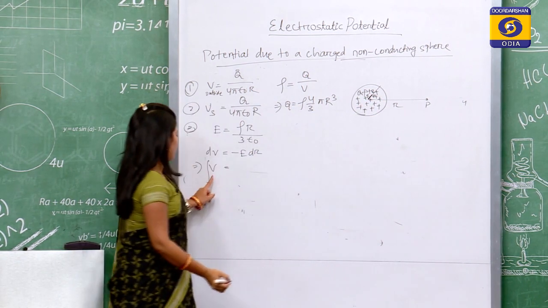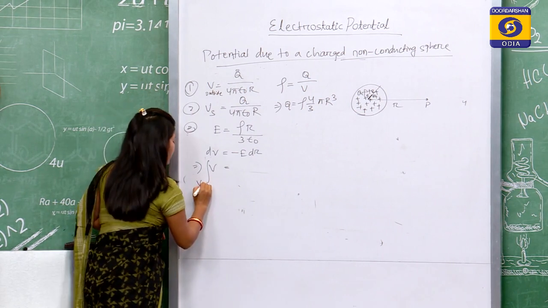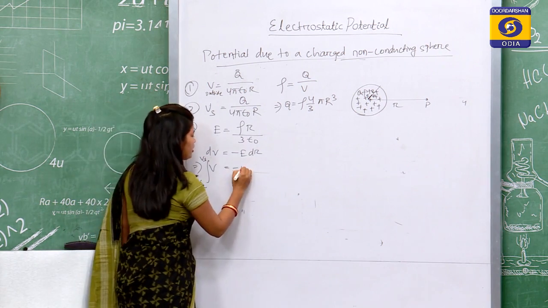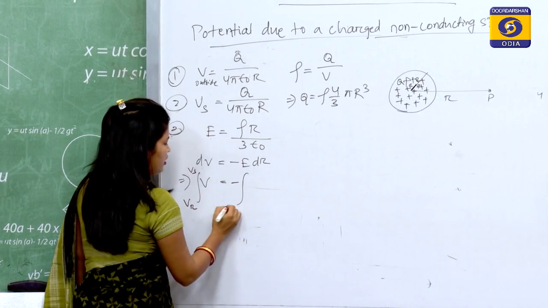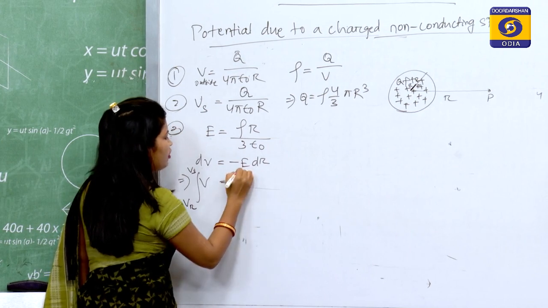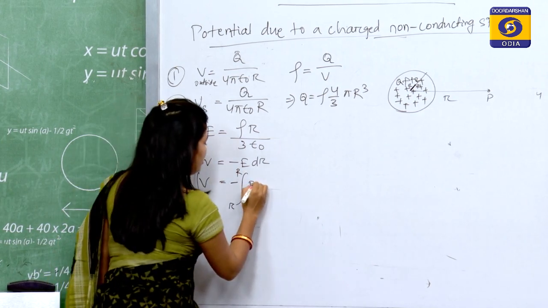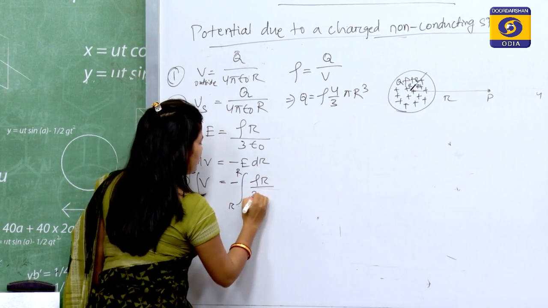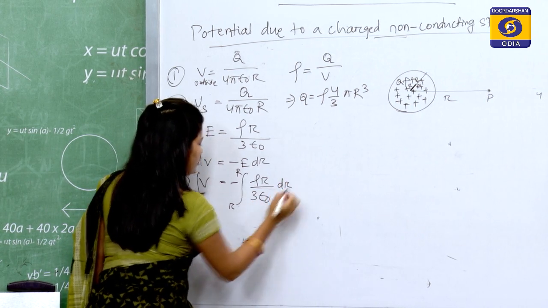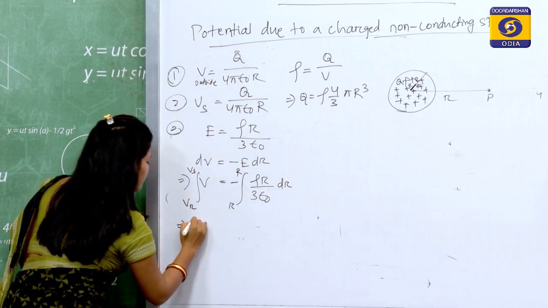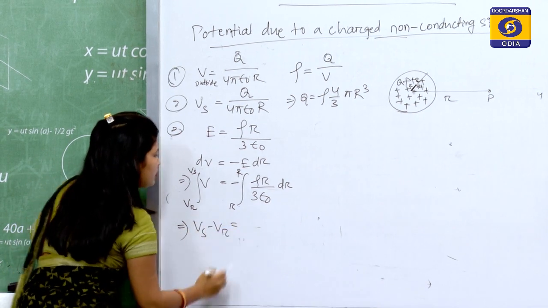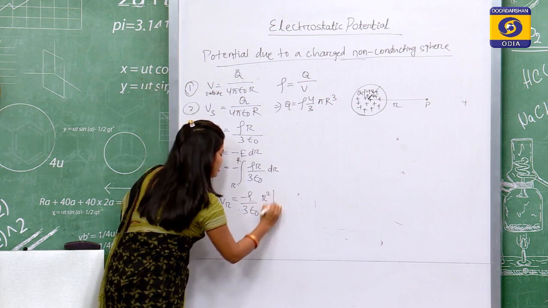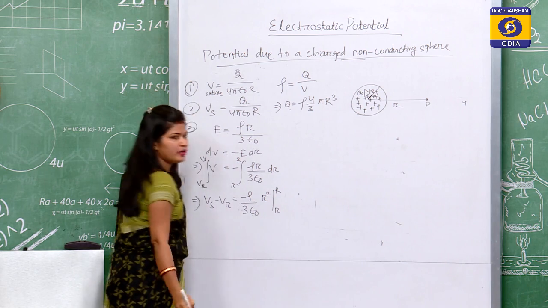Then I will take the integration from Vr inside to the surface Vs, which is equal to minus the integration from small r to capital R of E dr, and the expression of E is rho r upon 3 epsilon naught. Then Vs minus Vr is equal to minus rho upon 3 epsilon naught, times r square by 2, integrated from r to capital R.